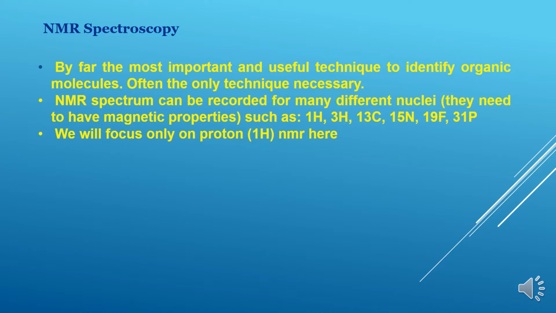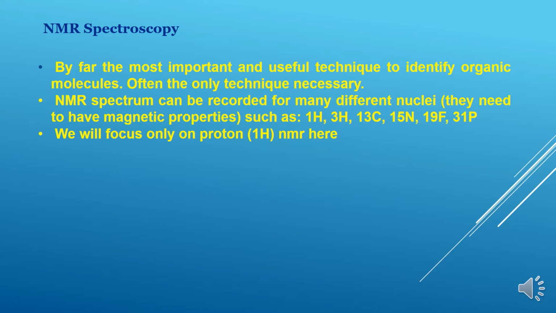To flip alpha nuclei to the beta state, we require a certain energy, that is delta E. If we supply sufficient energy to flip the nuclei, then only one could observe nuclear magnetic resonance. Otherwise, not.